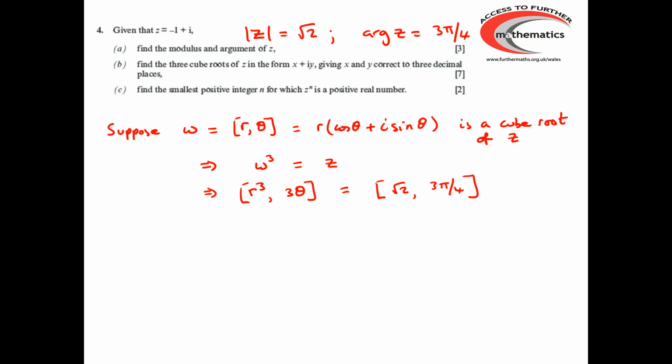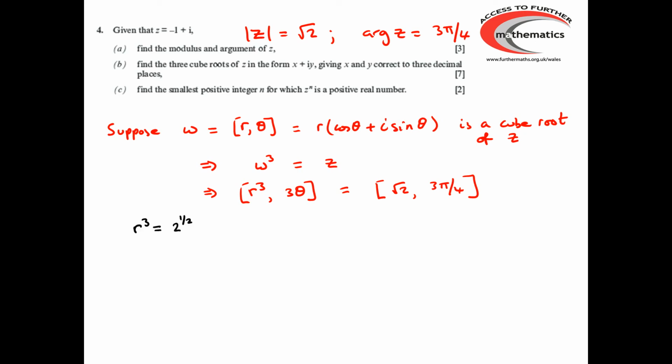Well, we know the modulus of w cubed is r cubed. We know the argument of w cubed is 3 theta. We know the modulus of z is root 2, and we know the argument of z is 3 pi by 4. So we want r cubed to be the same thing as root 2, and we want 3 theta to be the same thing as 3 pi by 4.